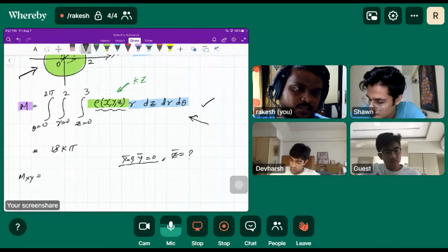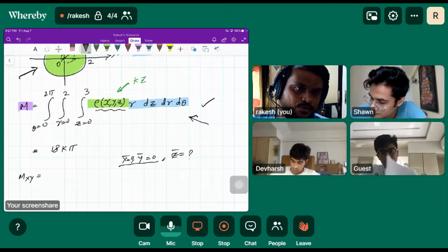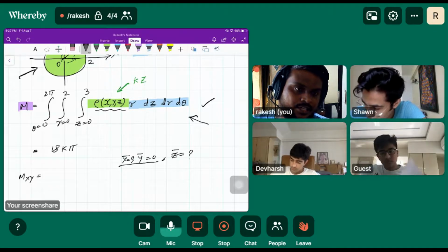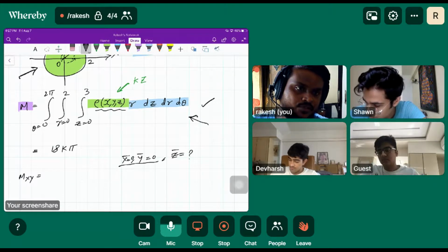So x bar and y bar are zero, and we only need to find z bar for the center of mass. z bar is the moment of mass about the z axis, which can be calculated by calculating Mxy.